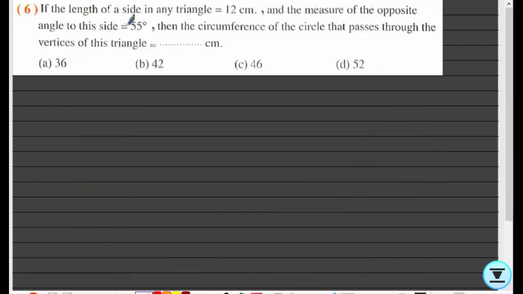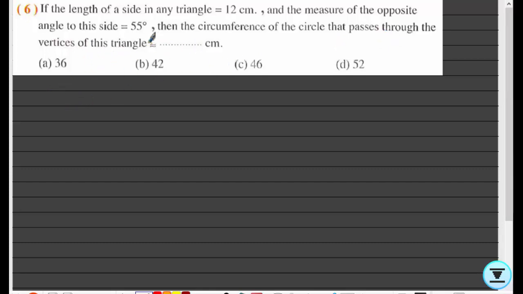If the length of a side of any triangle is 12 and the measure of the opposite angle to this side is 55, then the circumference of the circle that passes through the vertex of this triangle equals approximately one of these values.